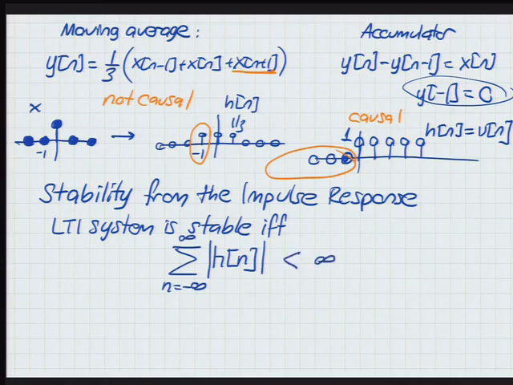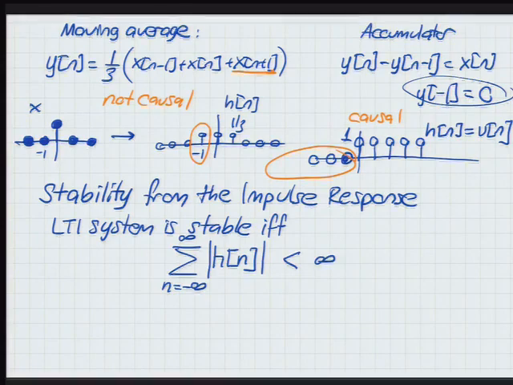That's again maybe a mathematically iffy statement, but I'll apologize to the math guys later. Okay? So that basically means the absolute value of the impulse response is summable. I'm sorry, it does not blow up.